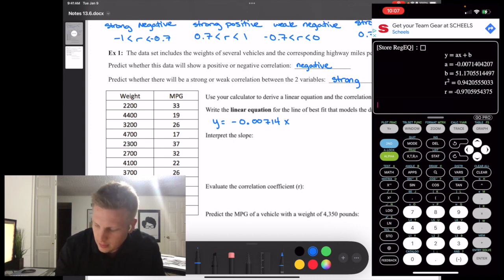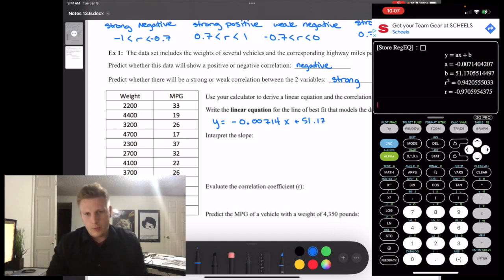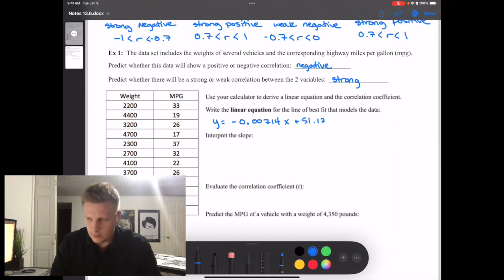Then I have my x, and my b value here is 51, so plus 51. How many decimal places shall we go? Let's just go to 51.17. So there we go. We have found our equation. Look at that. It took us almost no time at all.